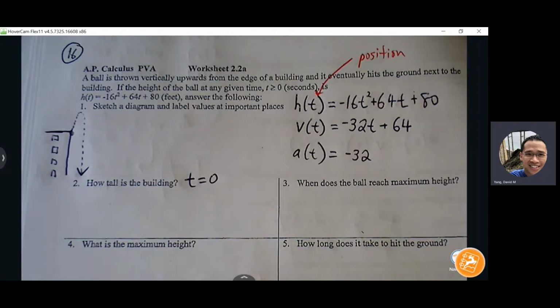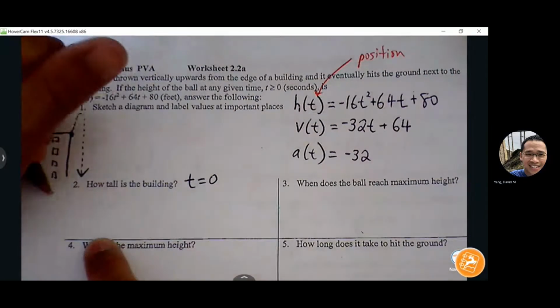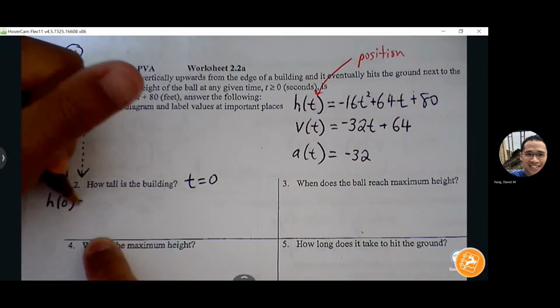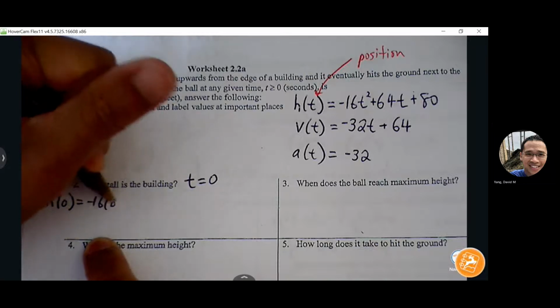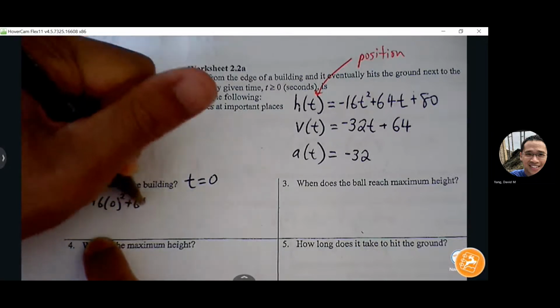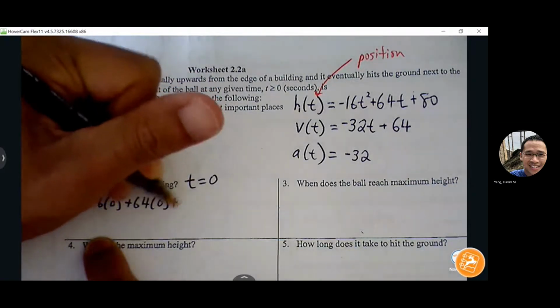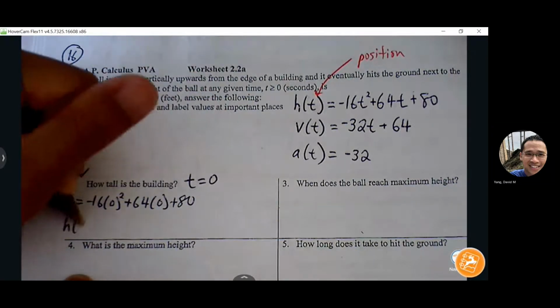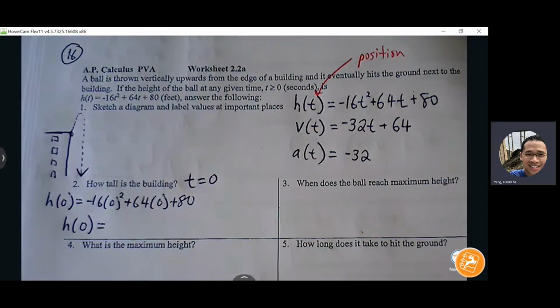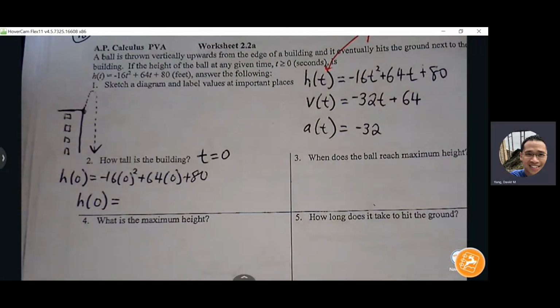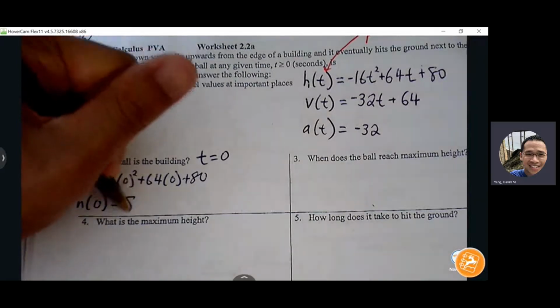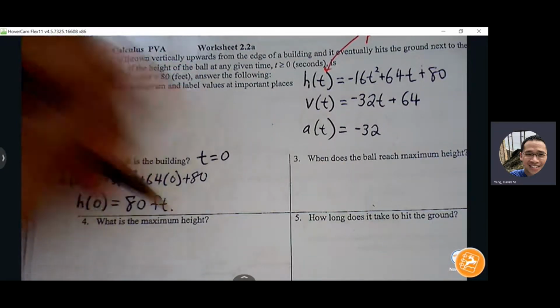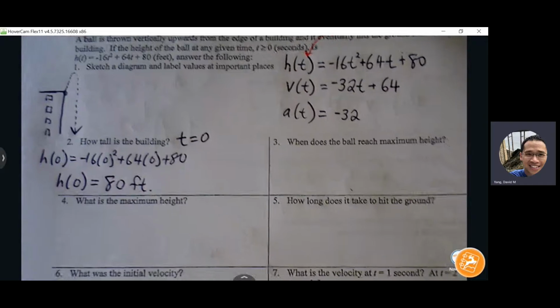Wherever the ball is at the beginning is going to be the height of the building. So how high is the ball from the ground? 80. So we know that that's also going to represent the height of the building, 80 feet.